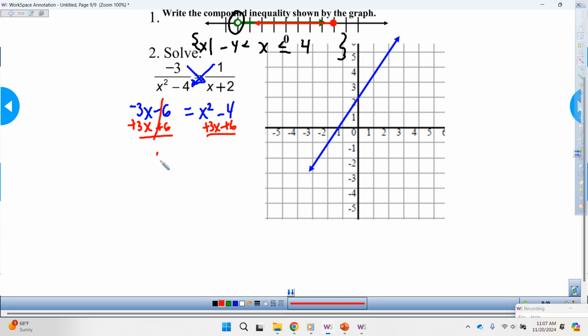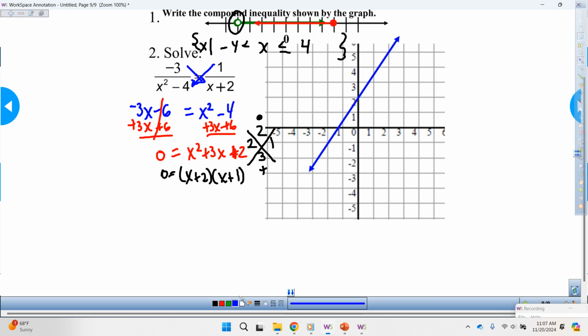We end up with 0 equals x squared plus 3x plus 2. What do I do? 2 and 3, factors of 2 that add up to 3. 2 and 1, so my factors are x plus 2, x plus 1, all that equal to 0.